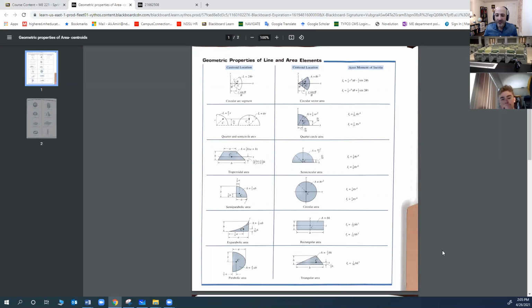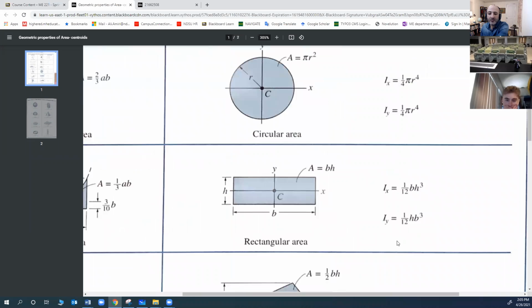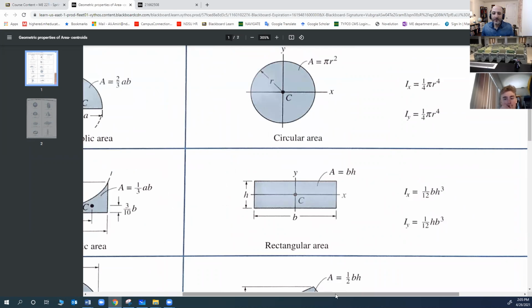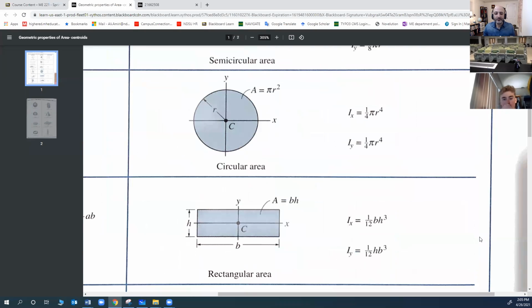So let's see what it means and how you can use a table like this for area. Here we are dealing with a rectangle and a circle, so let me zoom in on those.